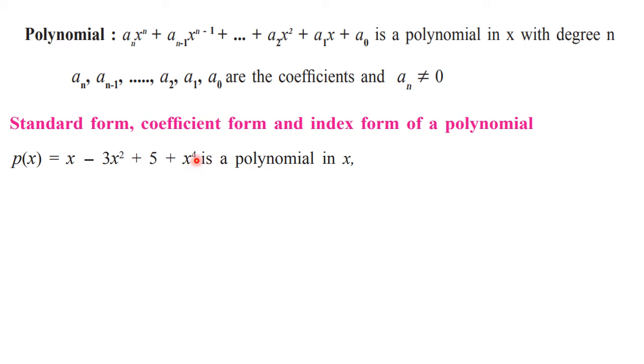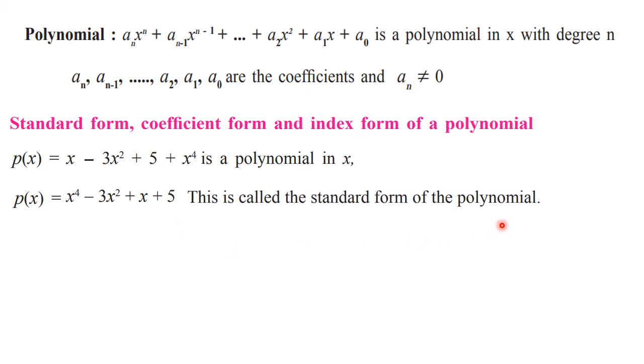So p(x) is equal to the term with highest index, that is x raised to 4. Then x cube should also appear, but it is not present here, so ignore that. After that you have the highest index 2, so write this term along with the sign: x raised to 4 minus 3x square. After that the term with x will appear, so plus x, and finally plus 5. This is called the standard form of the polynomial.